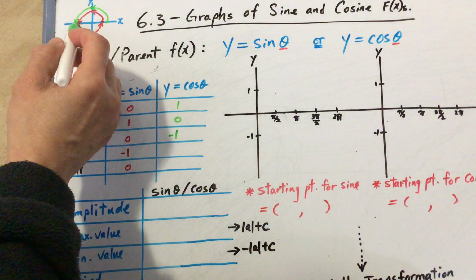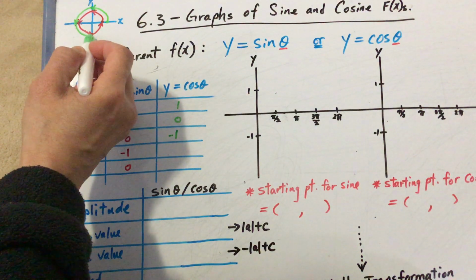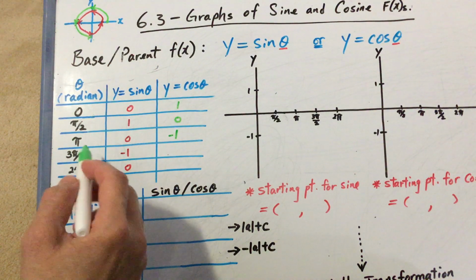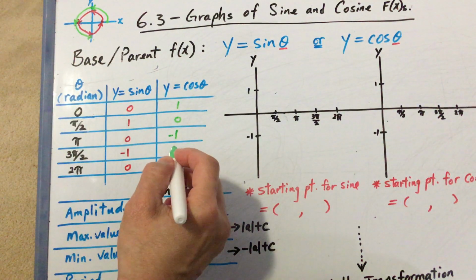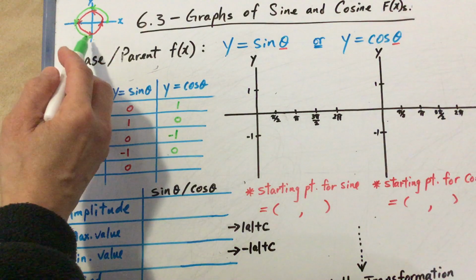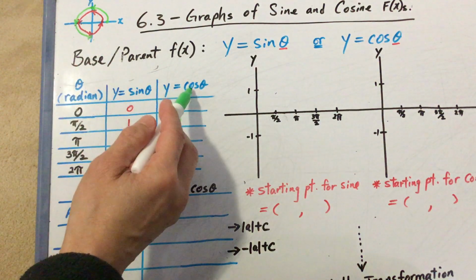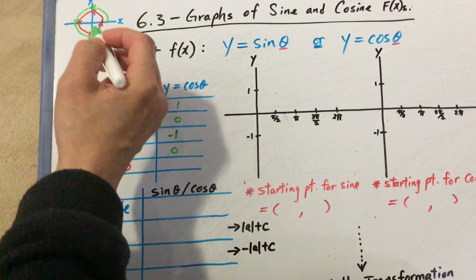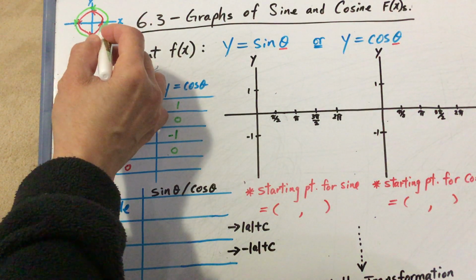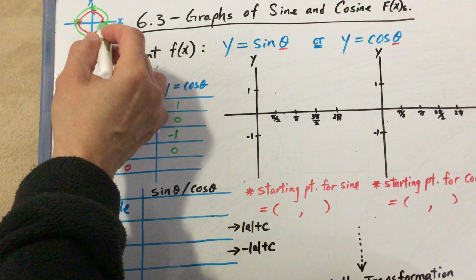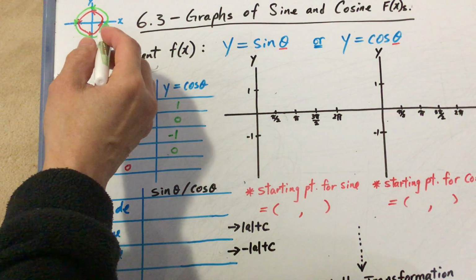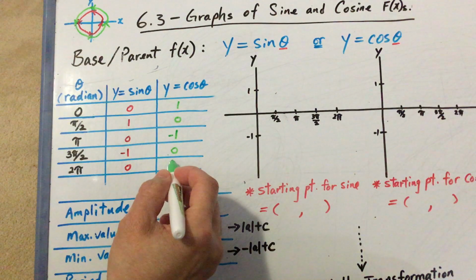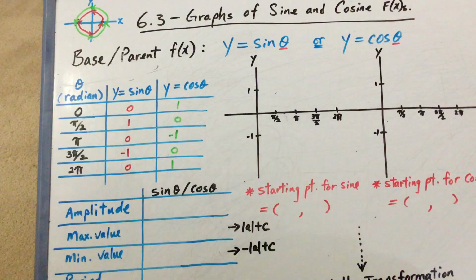Then if you continue going down for 270, 3 pi over 2, this one will be a 0, because any angle that lands on the y-axis for cosine, you will get a 0. And lastly, for 2 pi, 360 degrees, going back to where the 0 is, you're going to get a 1, same thing as up here.